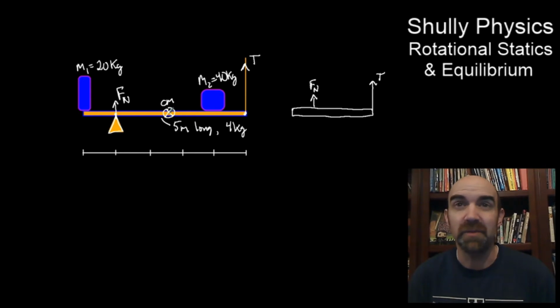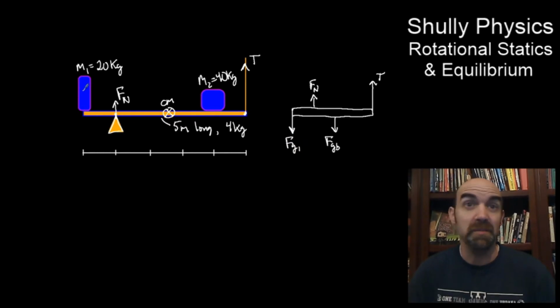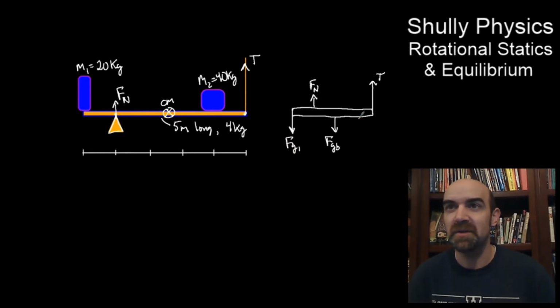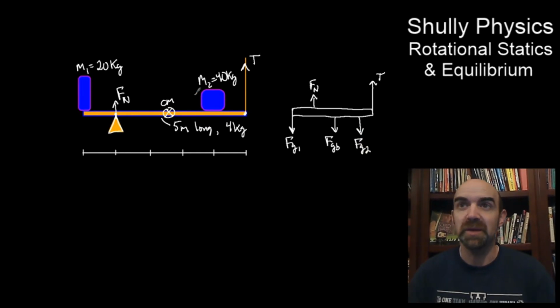The weight of the board is focused at the center right here, so I'm going to say the weight of the board. And we've got a mass over here causing a weight at this end, so I'm going to say FG1, talking about mass number 1. And then we've got a weight over here, we'll call it FG2, the weight of mass number 2. All right, and that's our system.